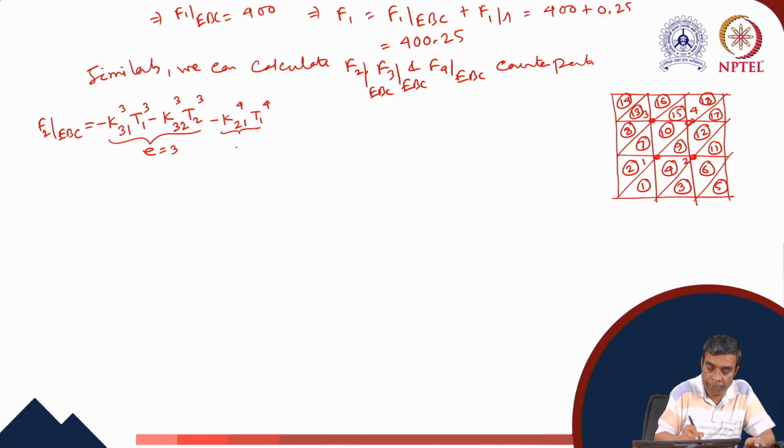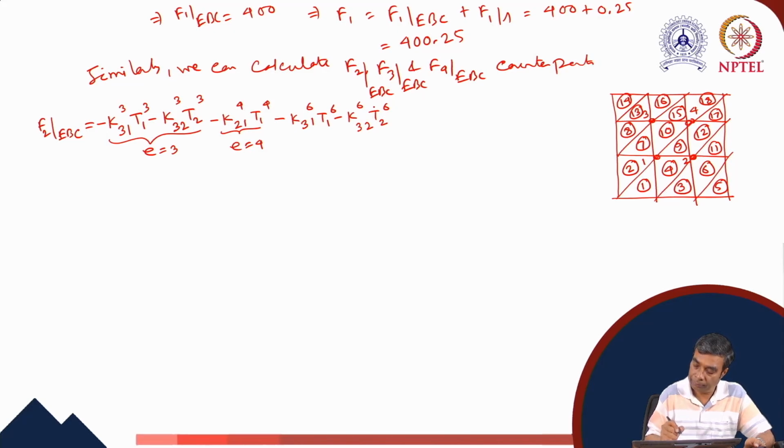Minus K214 T14. This is from element 4. Minus K316 T16 minus K326 T26. This is for element 6.